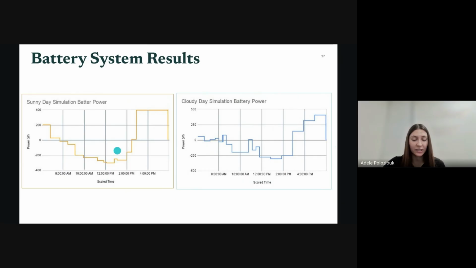And then at the end of the day, during high power, we see it starts discharging at a much higher rate. The cloudy day follows a similar idea, but it's just more sporadic due to the rise and fall of solar power affected by the clouds.